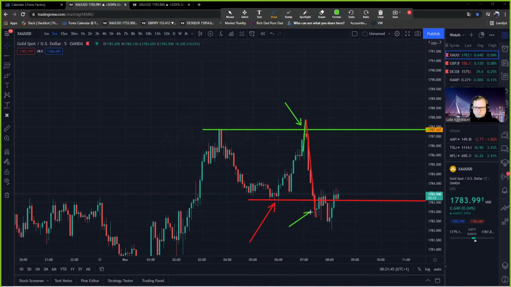Then everyone gets into sells, price gets pushed up, and there's already people out because you're gonna understand most people don't even have 10 pip stops. Price pushes further, people again, oh, I'm gonna get back into sells, and then it starts breaking the high again.